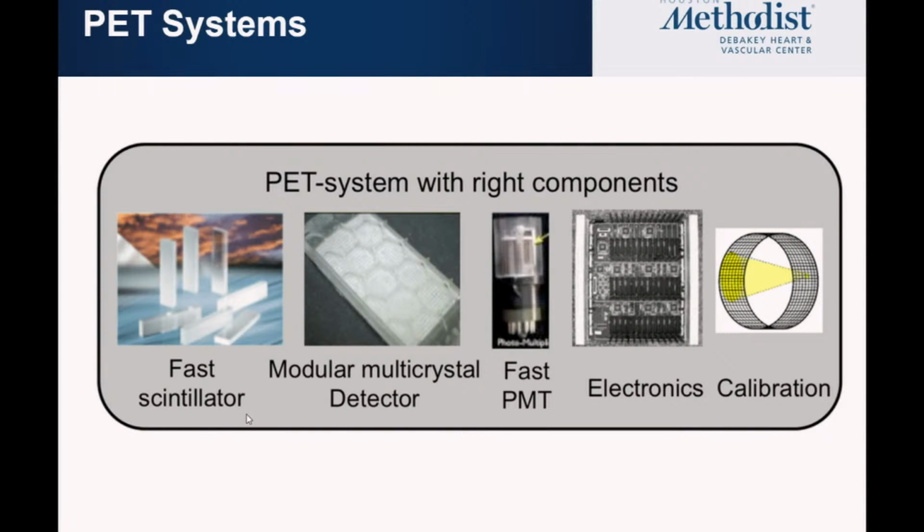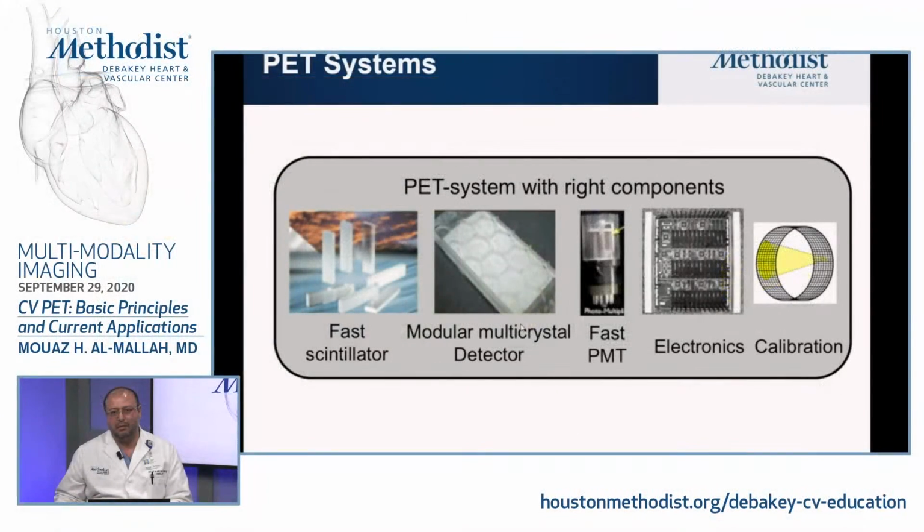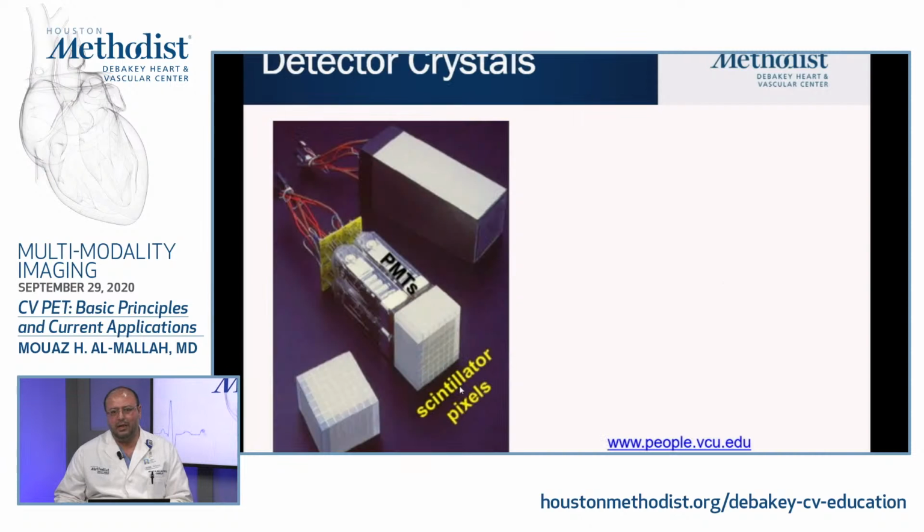So what's inside each ring of PET detectors that you have here? What you have are the scintillators or the detectors. You have the multi-crystal detector, then the PMT or photomultiplier tube, which is very similar to what you have on the SPECT machines, and the electronics, and then finally they are put in rings here. So let's start with the detectors.